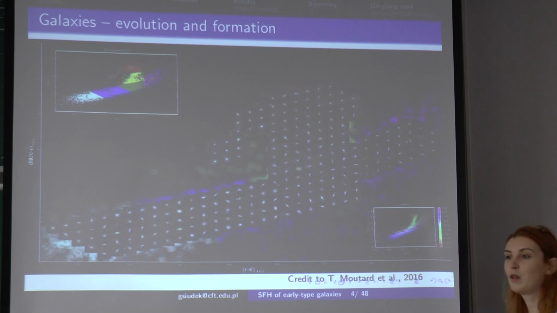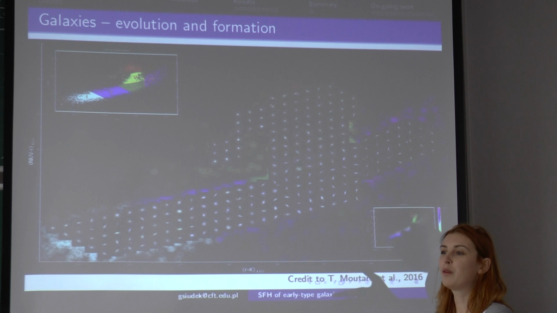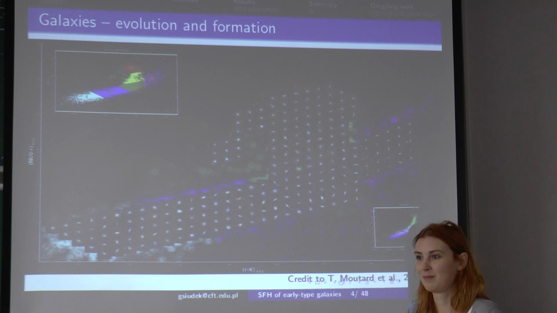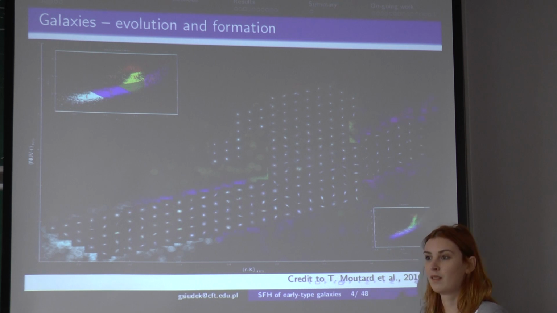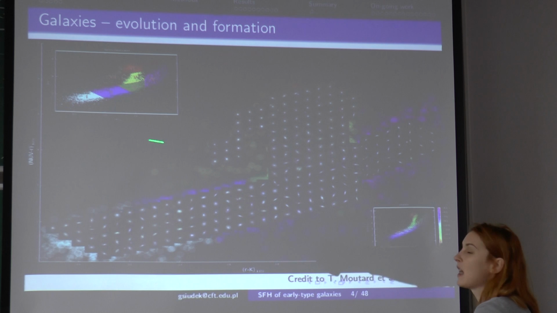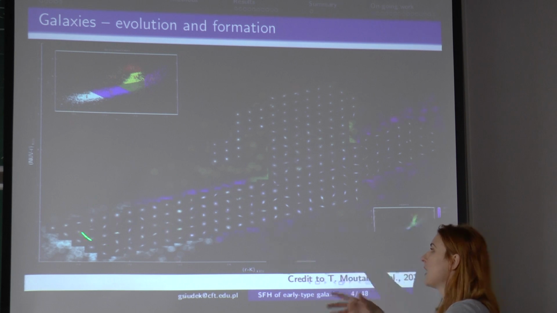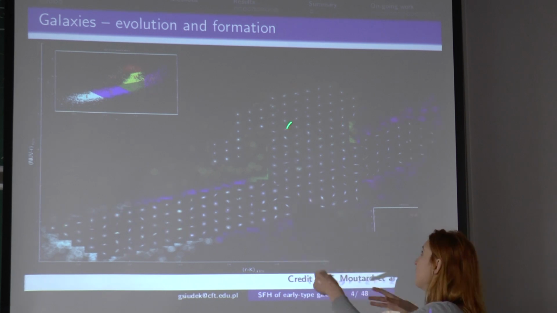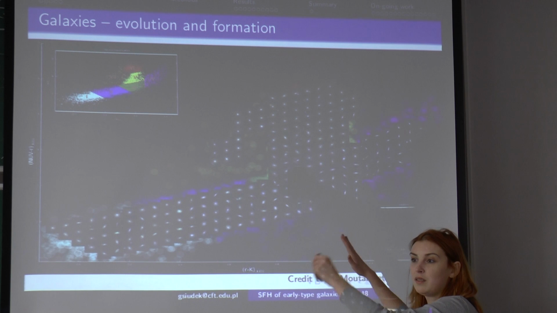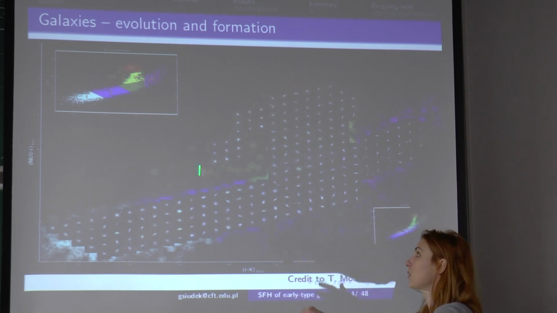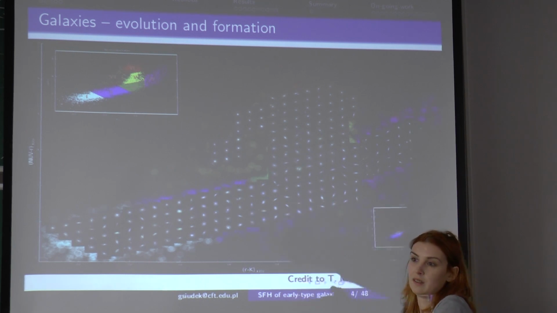Because of the properties of galaxies. These galaxies don't exist, because here we have blue young galaxies, and here we have old ones, and these are different galaxies, and we don't observe galaxies which are here.